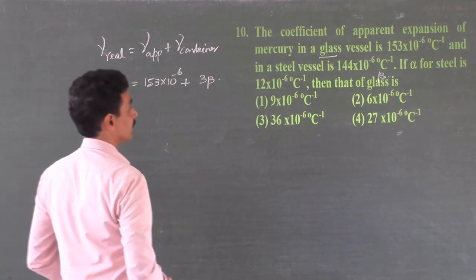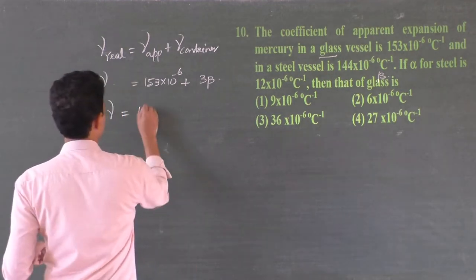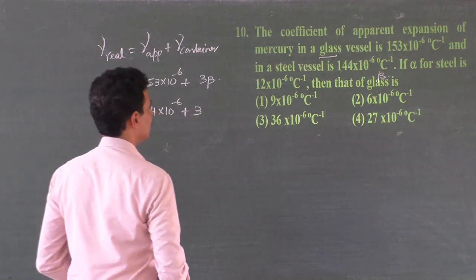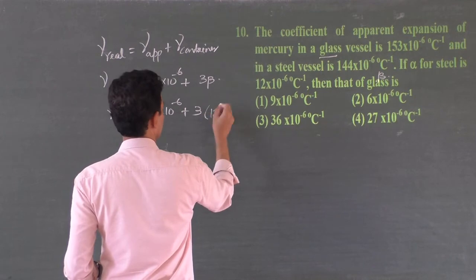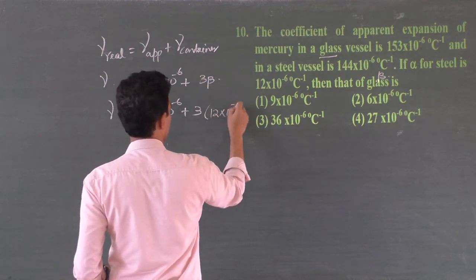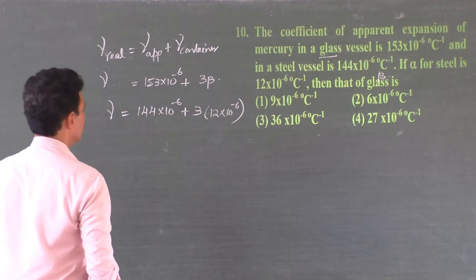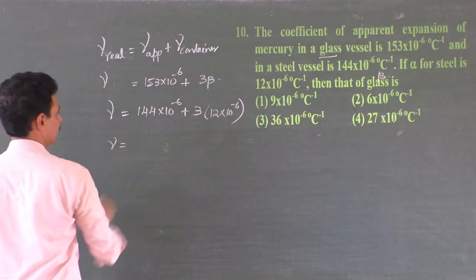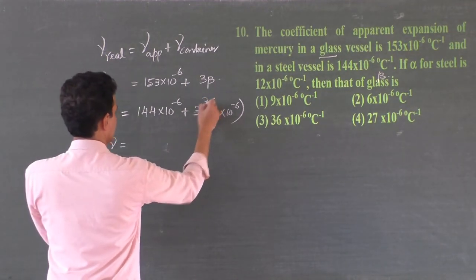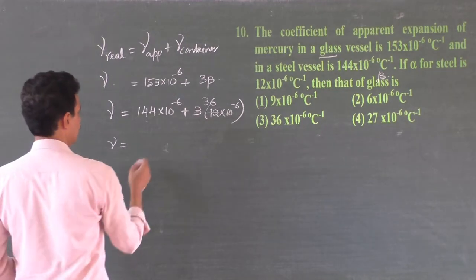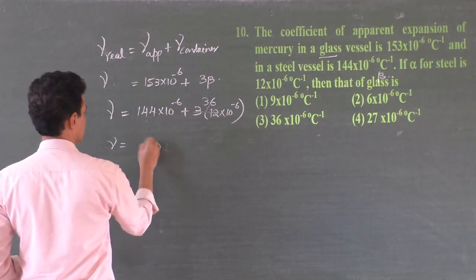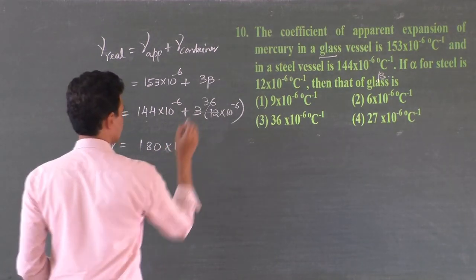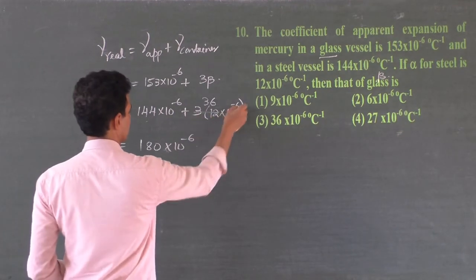What is the apparent expansion in steel? 144 into 10 to the power minus 6 plus its gamma, where alpha of steel is given. Gamma is 3 times alpha, so 36 into 10 to the power minus 6.